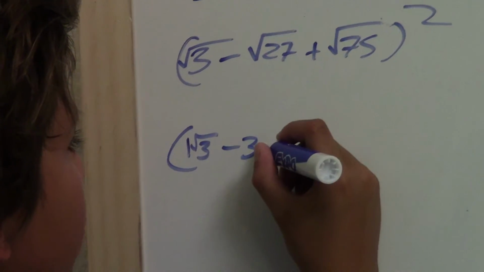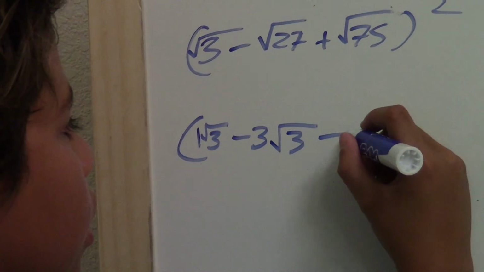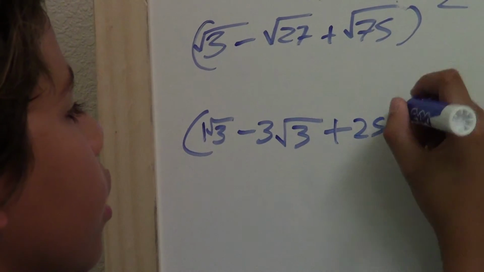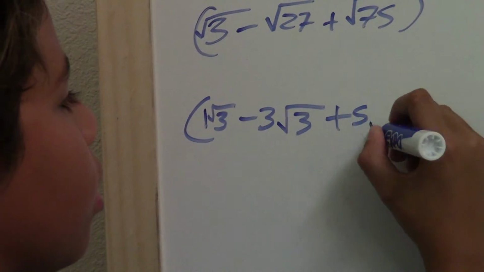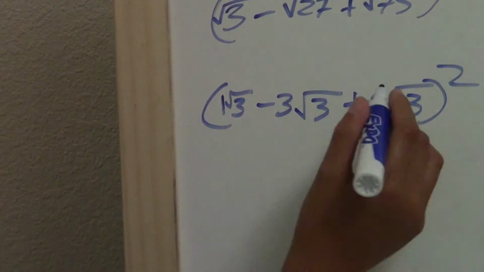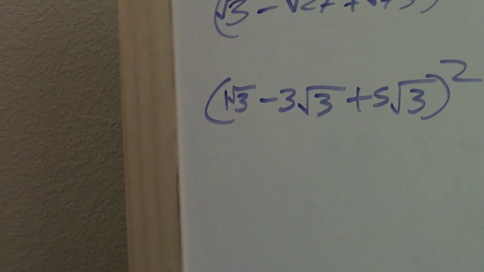So it'll be 3 times the square root of 3, plus, no, 5 times the square root of 3, because the square root of 25 is 5.